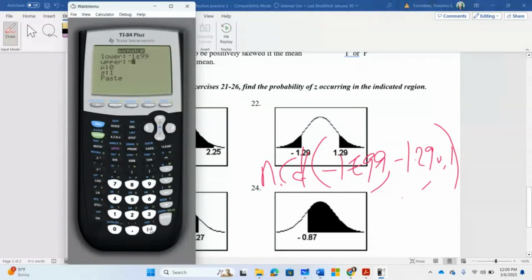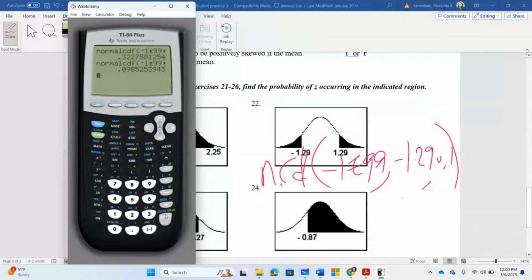And then the mean is 0, standard deviation is 1. I am going to calculate. So what is that area? The area is 0.098. I can make it 0.099.